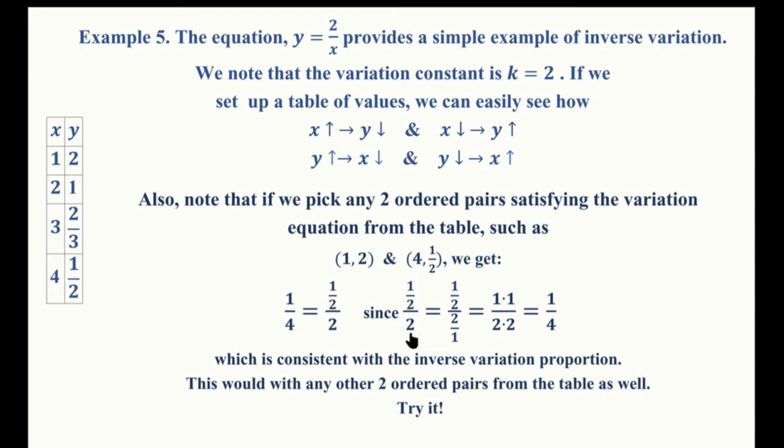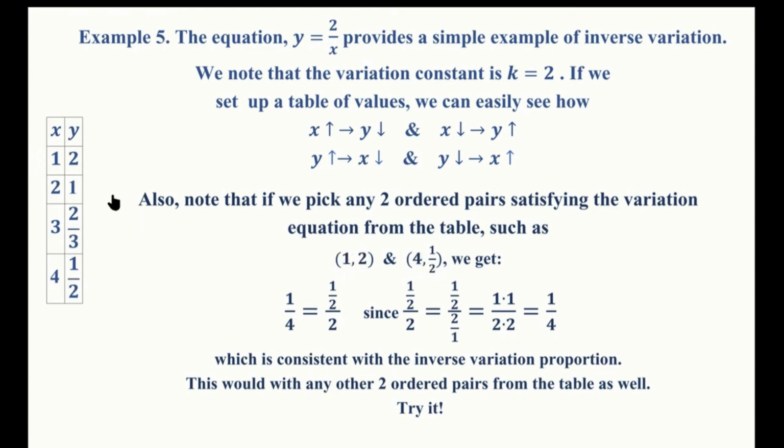Look, 1/2 over 2 is like 1/2 over 2 over 1. Then we can do the outer product, which gives us 1 times 1, and the inner product, which gives us 2 times 2, so we get 1/4. So yes, it's true. And this will work with any two pairs. Just make sure that you do the left-right and then the right-left.